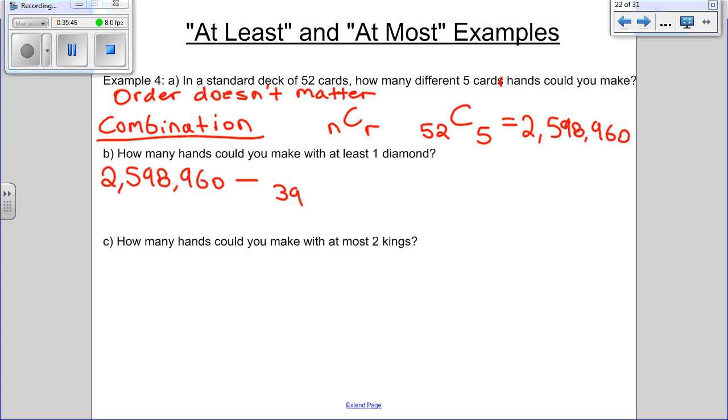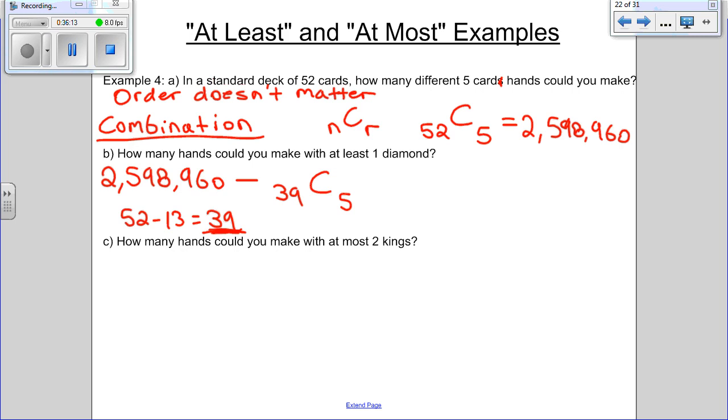So n is 39. Then you go C. How many of those 39 other cards do I want? I want 5. So I want the entire hand to not be diamonds.